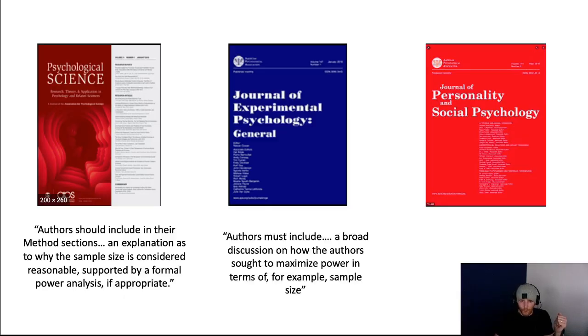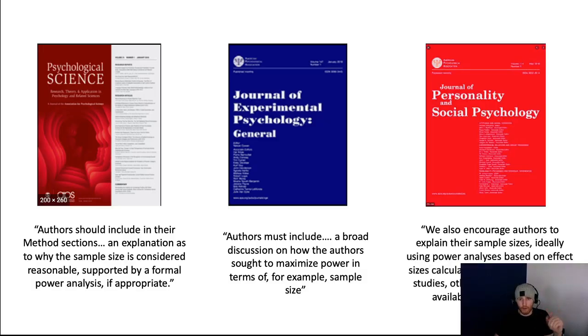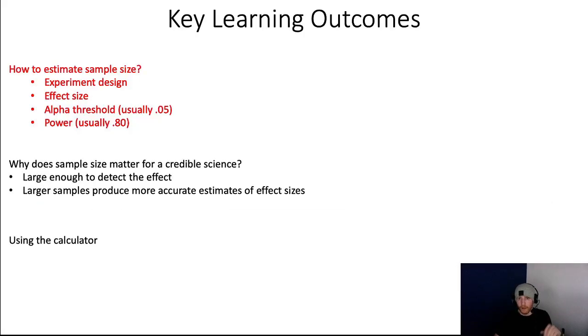They all, in their submission guidelines, state that you have to justify how you arrived at your sample size. Okay, so it's something you will need to do for your research, even if your research is just a final year project.